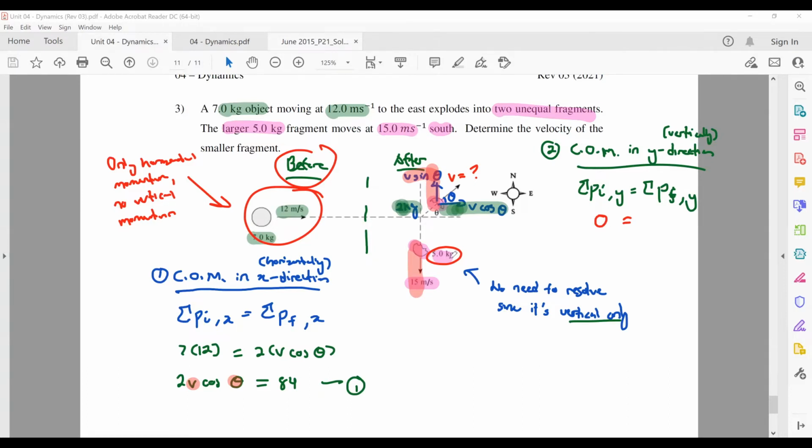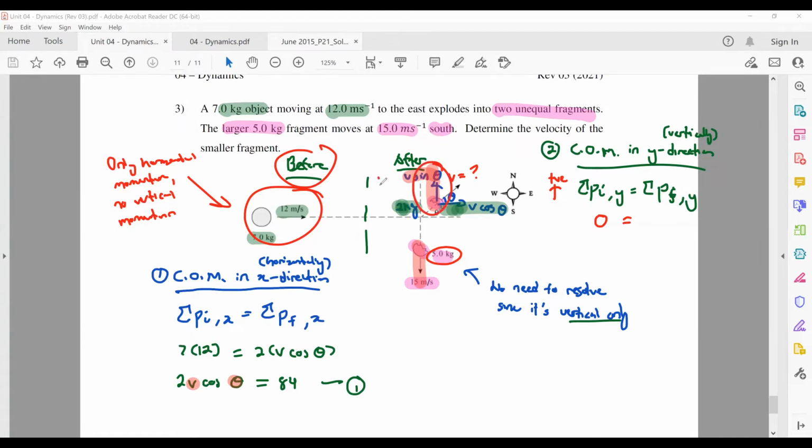All right. So now you have two different momentums here. But when I want to add them together, because they are in two different directions, one of them must be negative. Let's say I have upwards as positive as my sign convention.